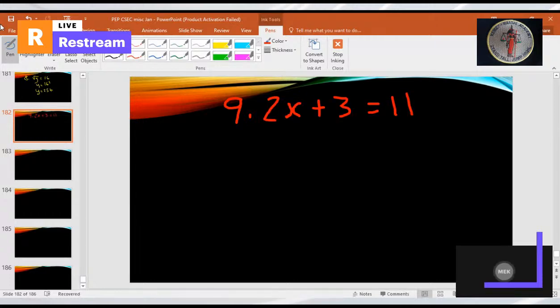All right, so this is just a little bit more complex. We have the variable and the coefficient here, 2x, and then we have a constant term here, 3. Okay, so I want to get rid of the 3 first from the left and bring it over to the right.